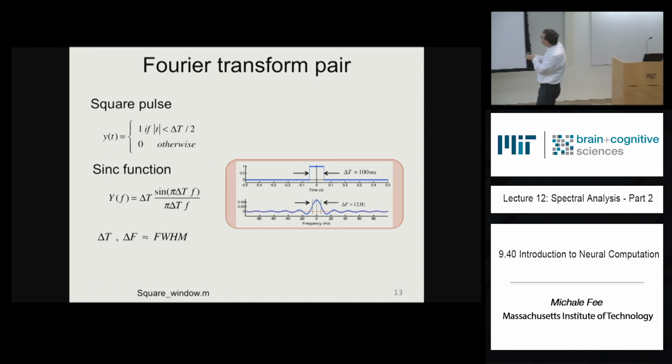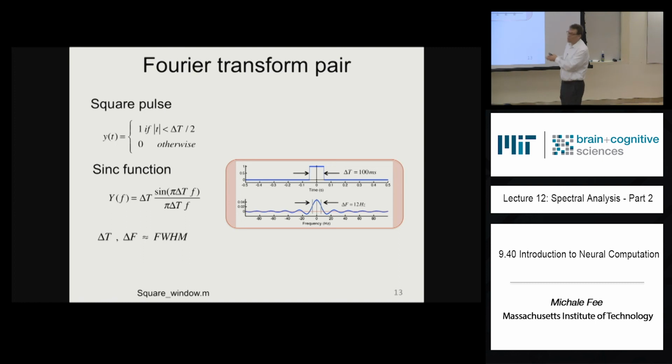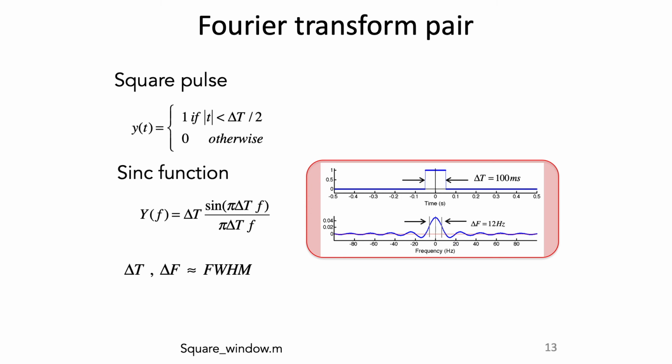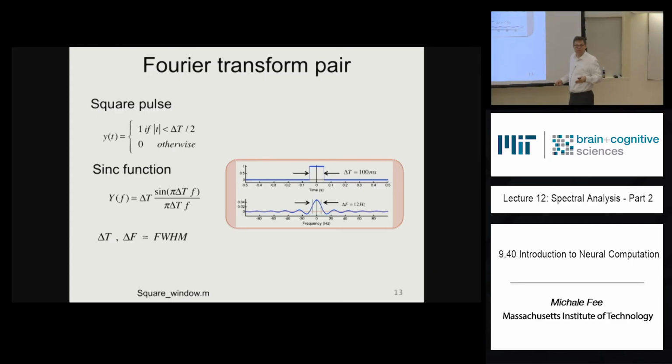The Fourier transform of a square pulse is a function called a sinc function. It looks a little bit messy, but it's basically a sine wave that is weighted so that it's big in the middle and it decreases as you move away from 0. And it decreases as 1 over f.